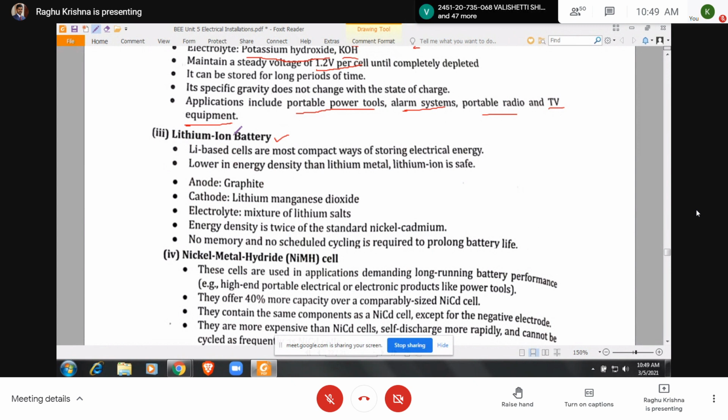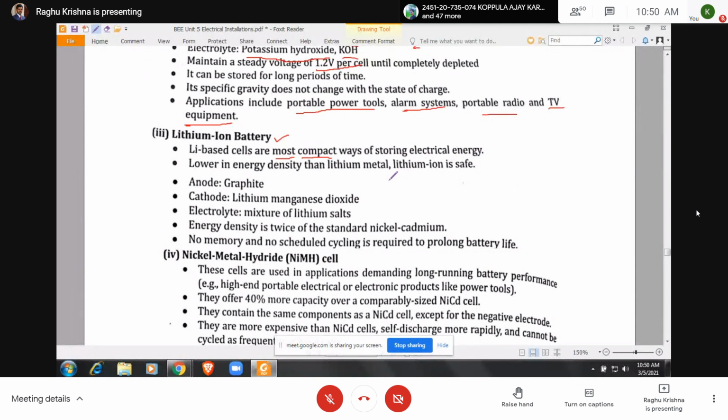Nowadays, if you see a Bluetooth speaker or Bluetooth headphone, there you can find this lithium-ion battery. Lithium-based cells are the most compact way of storing electrical energy.